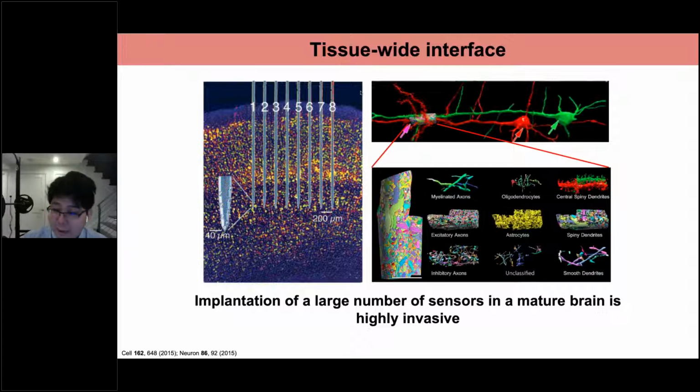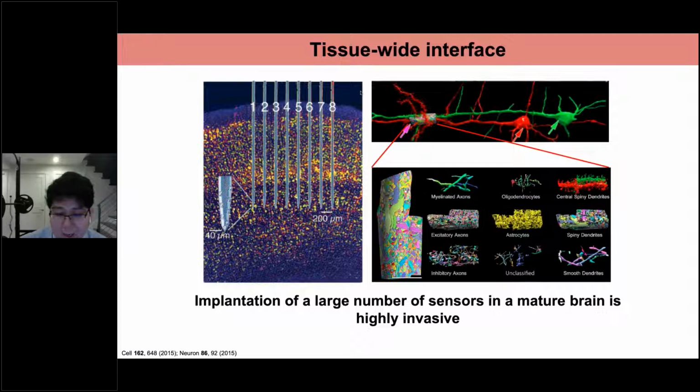So for a brain which is already fully developed into a mature state, those neurons are highly interwoven together at around 10 to 20 nanometer resolution, so that no matter how small a probe you can fabricate and how soft you can design it, as long as you want to implant those electronics into a mature brain, there is significant mechanical damage that you can cause in the very beginning.